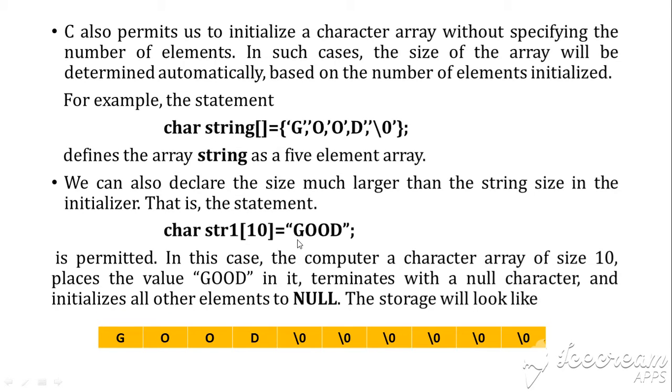Whereas in this case, we have stated the maximum size of the array and we are initializing it to a string called good. Automatically the last character is appended by a null. Since the maximum size is 10, soon after the first 4 locations are initialized to G, O, O and D, the rest of the locations are initialized to null.